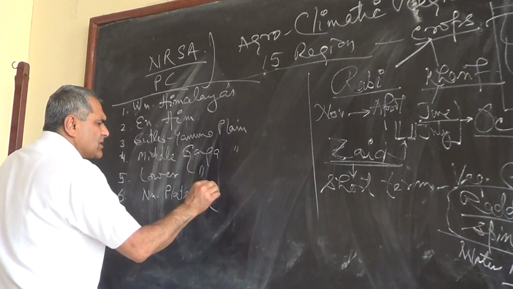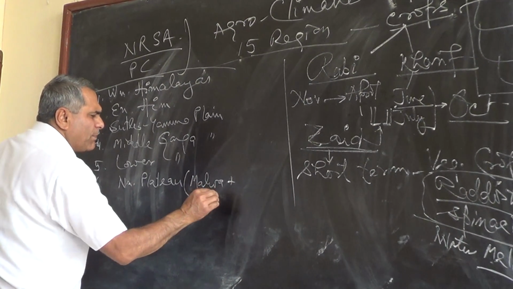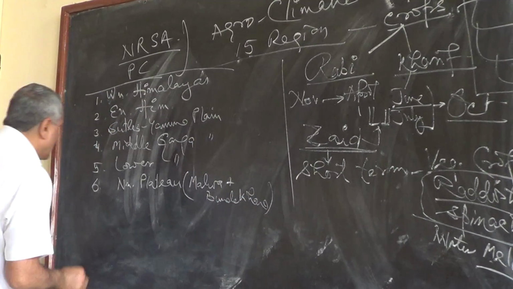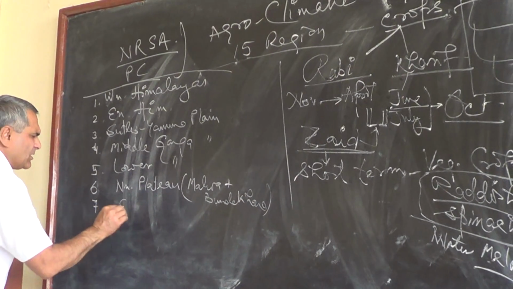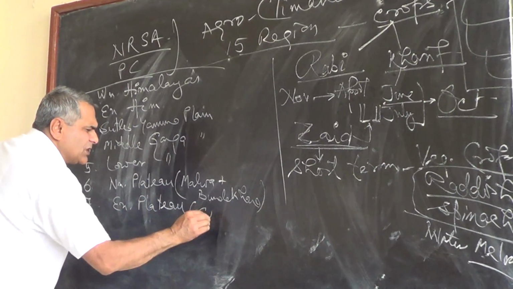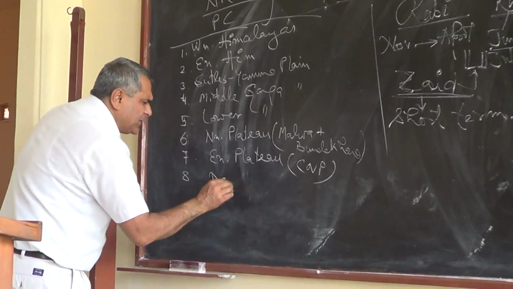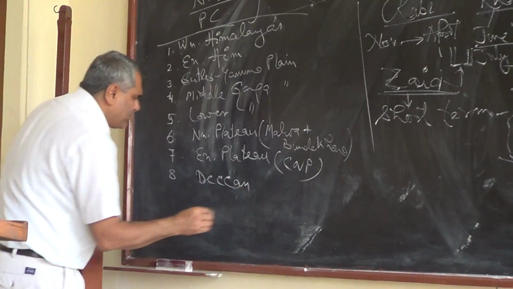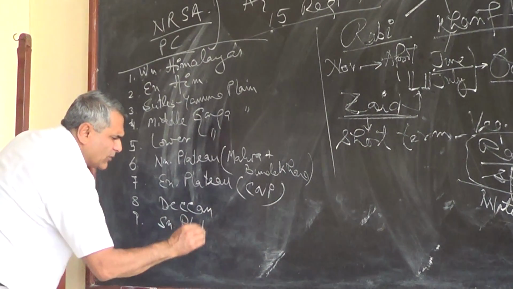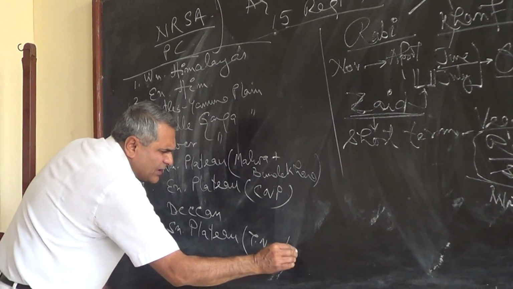Northern Plateau means basically Malwa and Bundelkhand. Then Eastern Plateau. Eastern Plateau means Chota Nagpur Plateau, CNP. Then we have the Deccan. We have the Southern Plateau. Southern Plateau means Tamil Nadu and part of Karnataka.